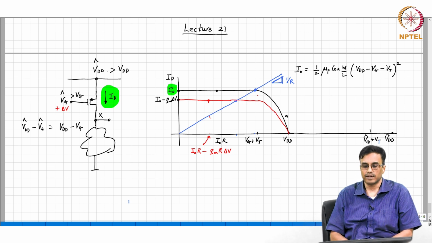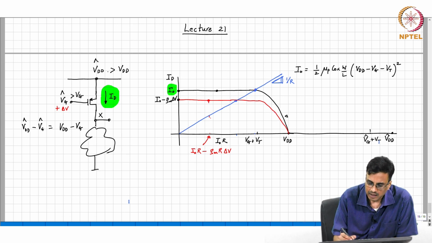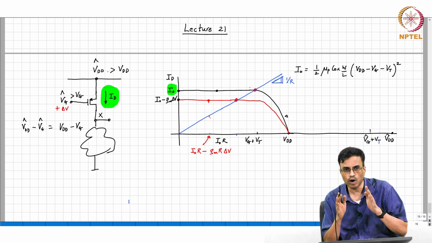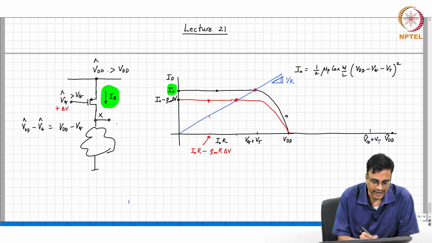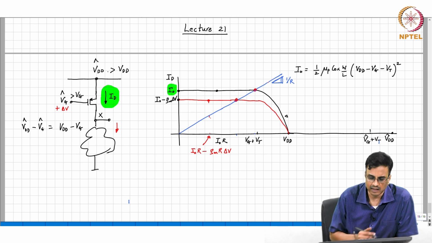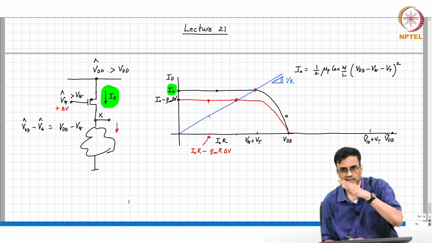Alright. So, if you want a lot of incremental gain, remember that the incremental gain is basically the difference in the x coordinates of the point of intersection of the characteristic of the load, which in the case that we have been discussing is a resistance.